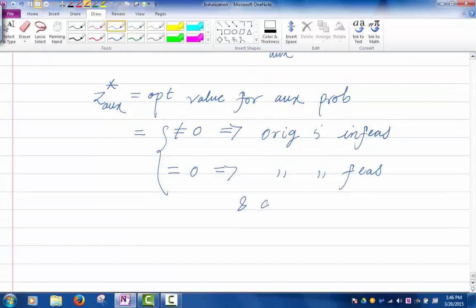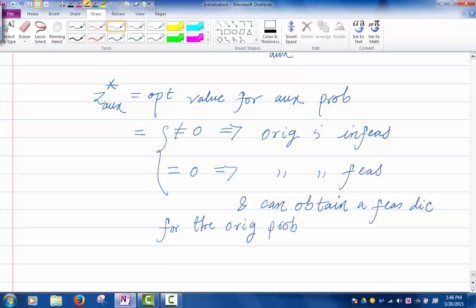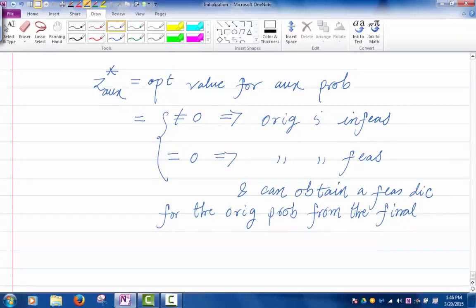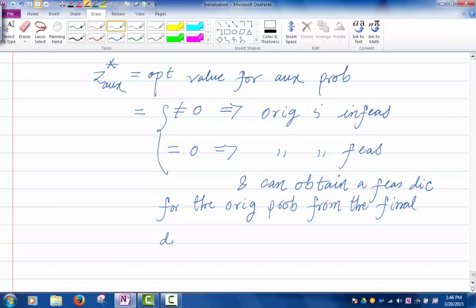And can obtain a feasible dictionary for the original problem from the final dictionary DAUX star, right?